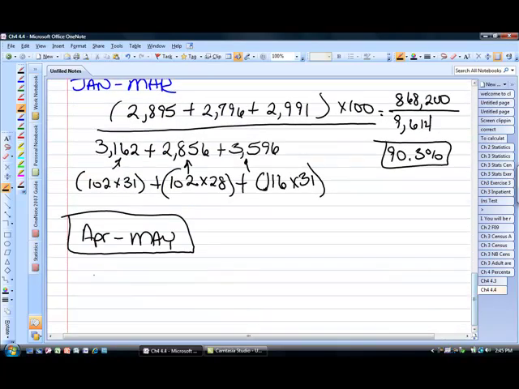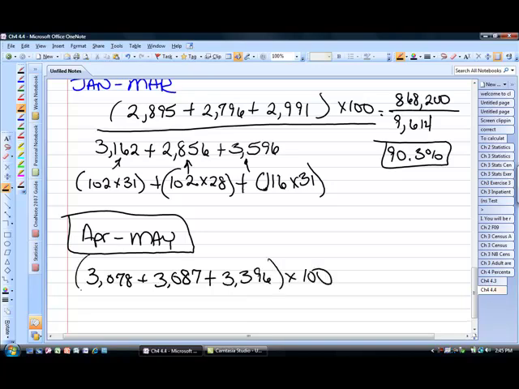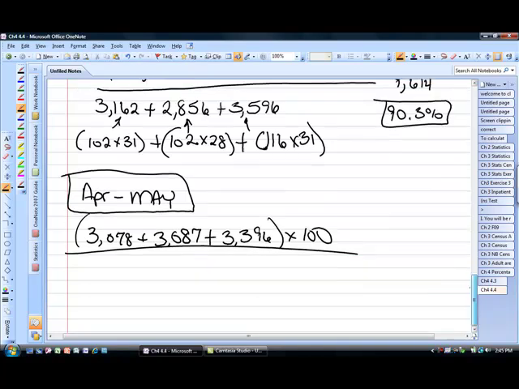Okay, April through June, we have 3,078 plus 3,087 plus 3,396. We're going to multiply that by 100. Our denominator will include the 3,600 plus 3,720 plus 3,600.